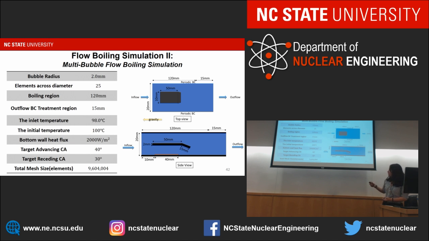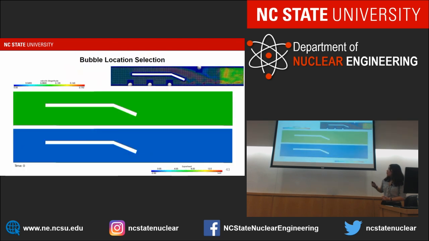The inlet is subcooled, while there's a small heating patch under these obstacles. We are trying to place several bubbles inside the domain. Because of these obstacles, we expect different local velocity and temperature conditions, and we expect different bubble behaviors due to these local conditions.